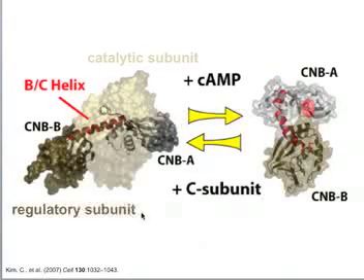We can drive it backwards, of course. Remember that our allosteric effectors, whether you consider cyclic AMP to be the allosteric effector or the catalytic subunit itself to be the allosteric effector, we can use one or the other to drive the conformational equilibrium back and forth.